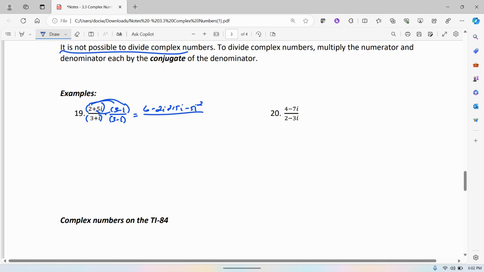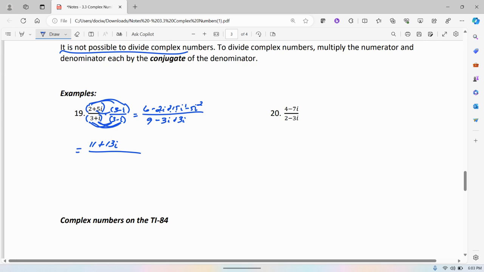I'm going to stick with the numerator. That numerator is going to become, because remember, the negative 5i squared is positive 5. So the 6 plus 5 is 11. 2i plus 15i is 13i. 3 times 3 is 9, minus 3i plus 3i.